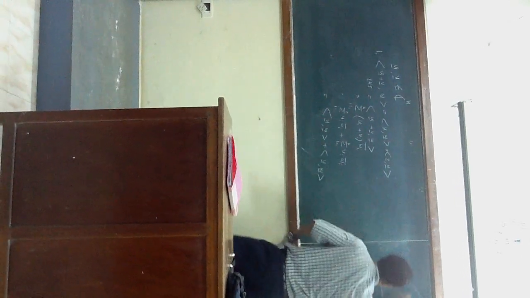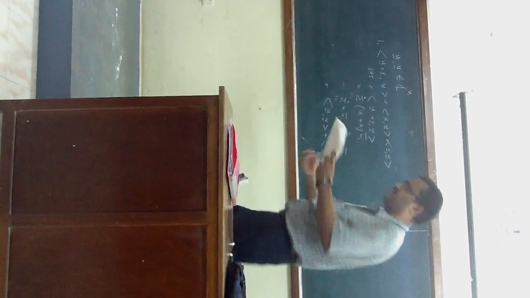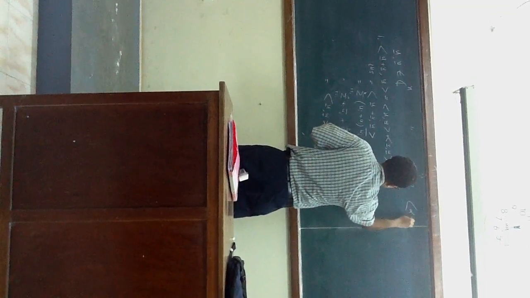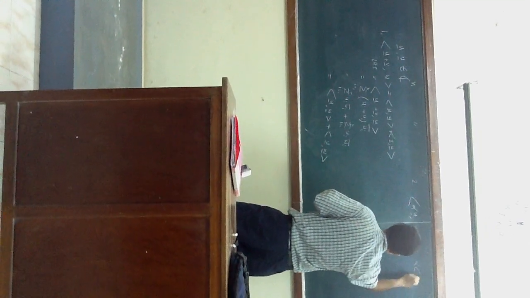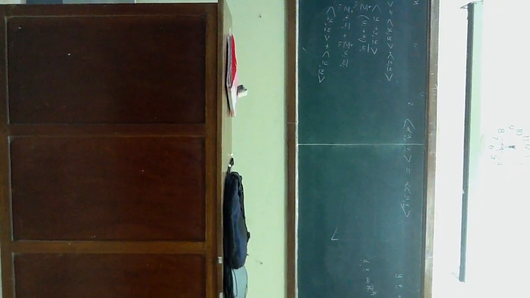Second property. Inner product of alpha U, V is alpha times inner product of U, V. Of course, very easy to prove.